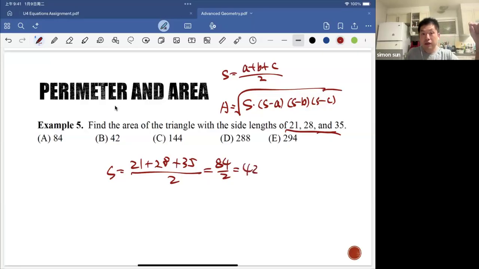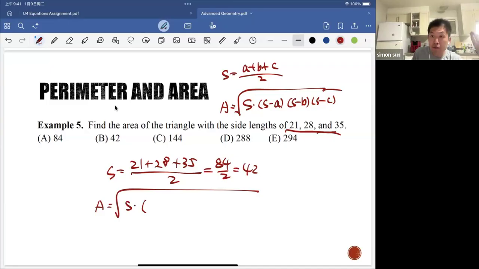That's the S. Now what do we need to do here? Area is equal to the square root of S times the difference between S and A: 42 minus 21, 42 minus 28, 42 minus 35.